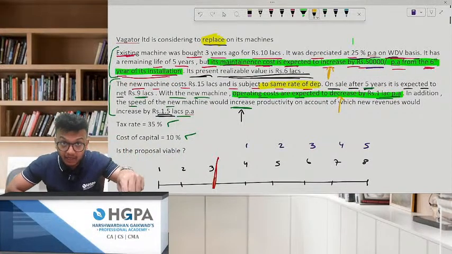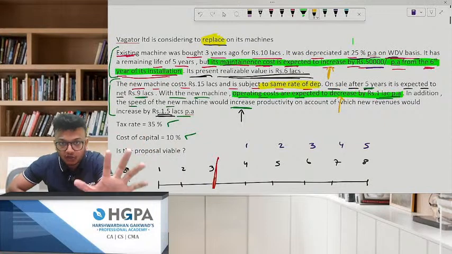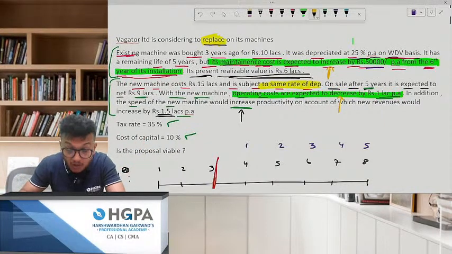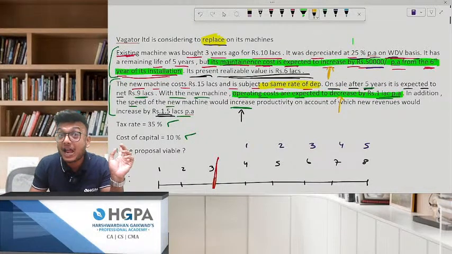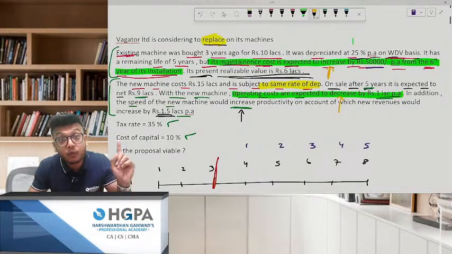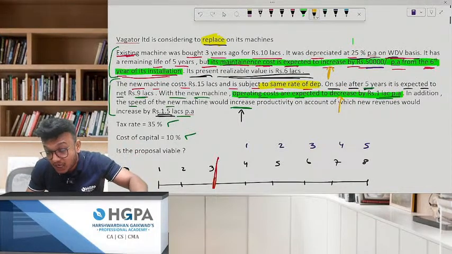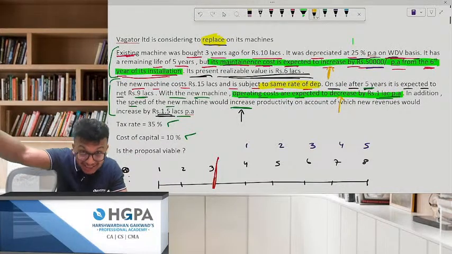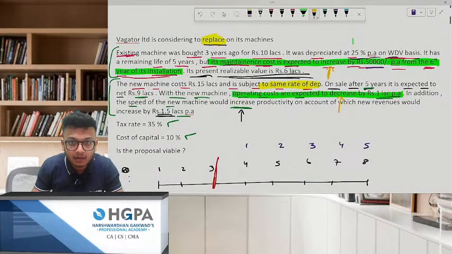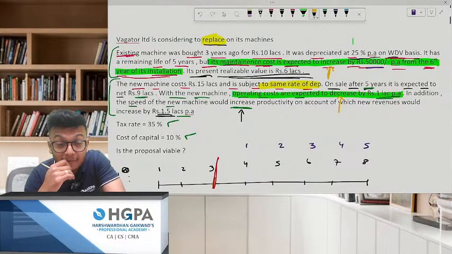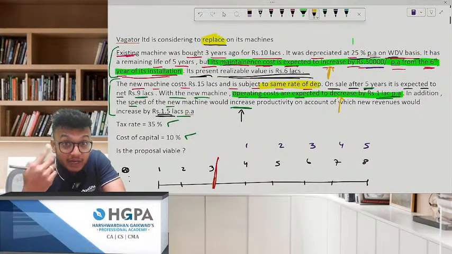If I would have used the old machine, I would have to incur rupees 50,000 from the 6th year of its installation. But am I planning to use it? I am planning to buy the new machine. So my cost is saved.